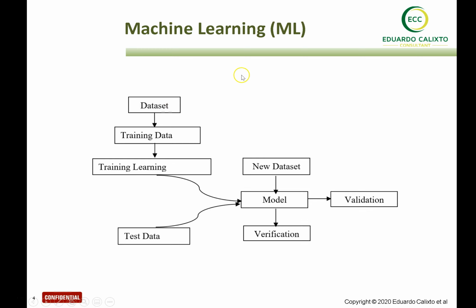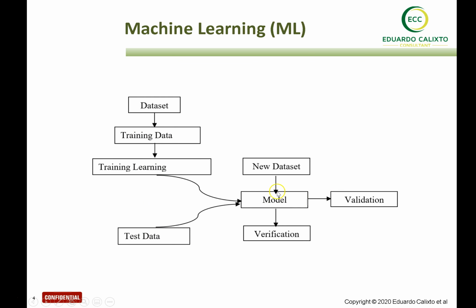The concept of machine learning, as we already discussed before, is just to use a data set that can be data that came from a sensor or even data as a result of non-destructive tests. We split this data into training data sets and test data sets with the predefined model.